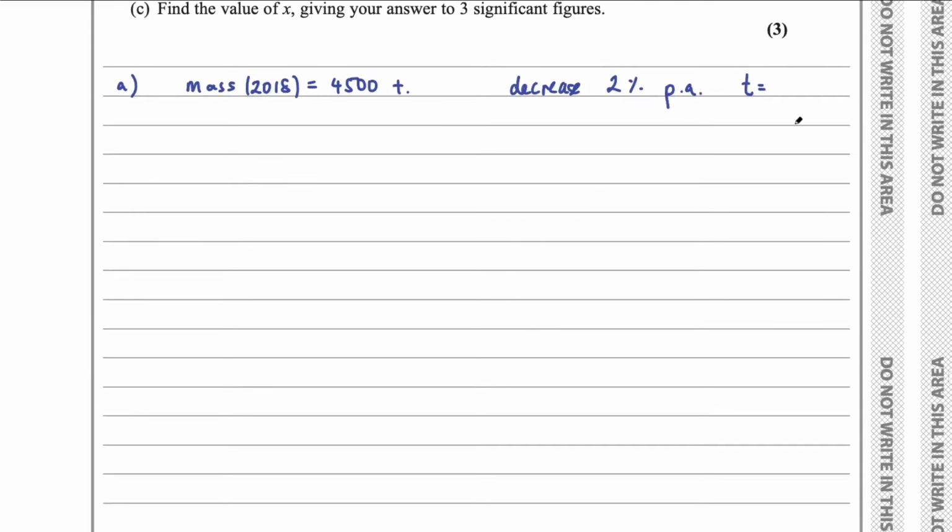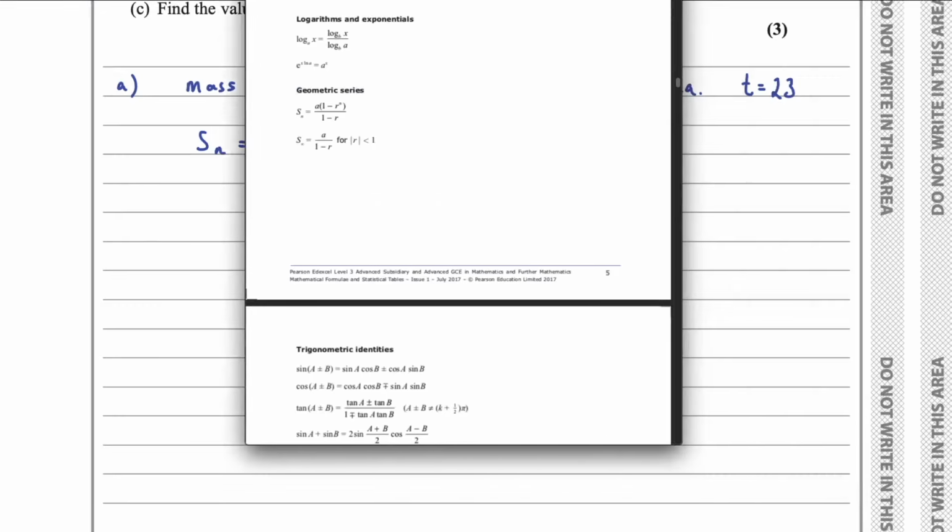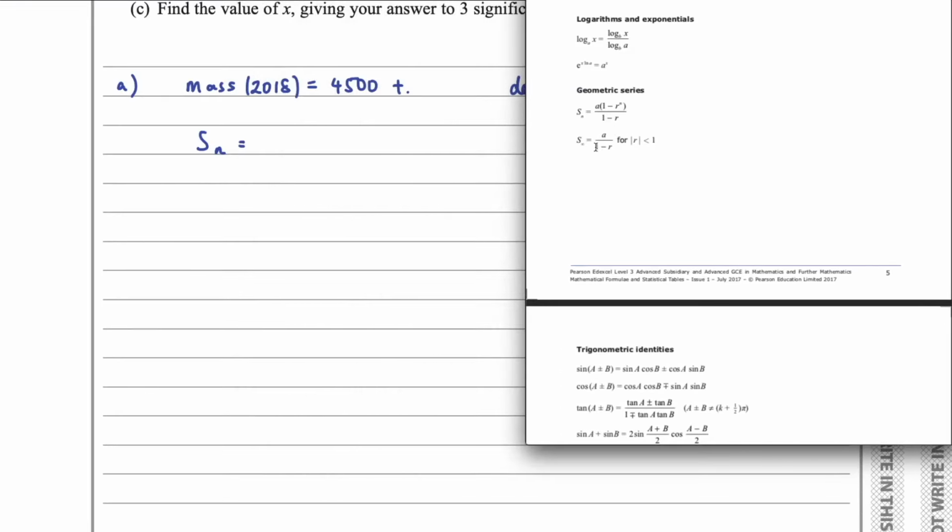So our time or number of years is 23. And then let's write down the sum formula for a geometric series, and that is something you do not have to memorize. So that is in your formula booklet under geometric series, S sub n equals A, all of this.